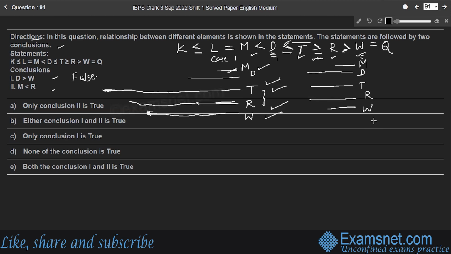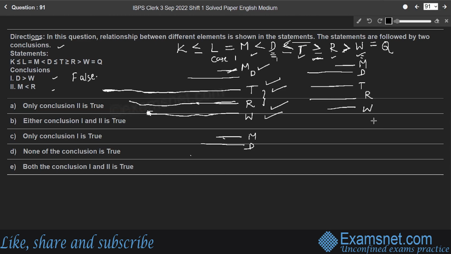No, we cannot conclude M less than R, because I'll consider the case once more. M is a small line and D greater than M. And T: what is the relation with D and T?